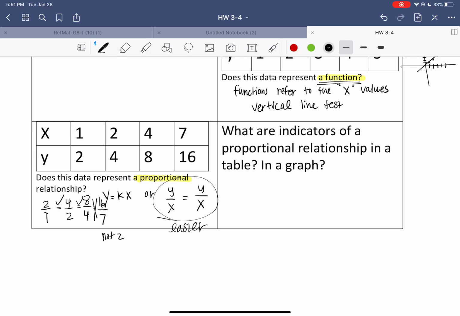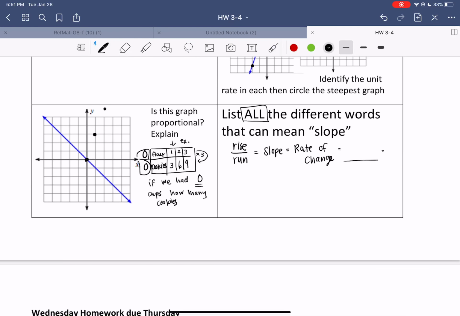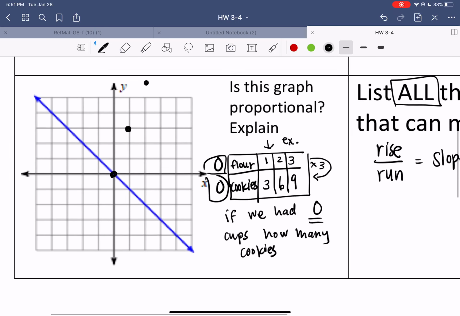Whereas in a graph, I want to refer back to our example here. Remembering that if you have a proportional relationship, at 0 cups of flour, you're going to have 0 cookies. If you work 0 hours and you're an hourly employee, you're going to get $0.